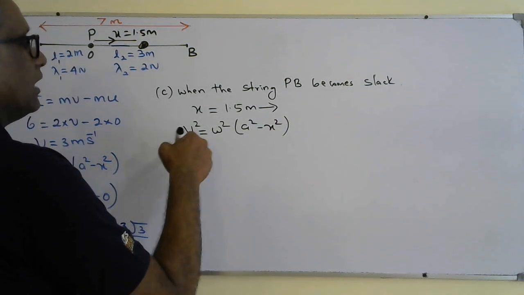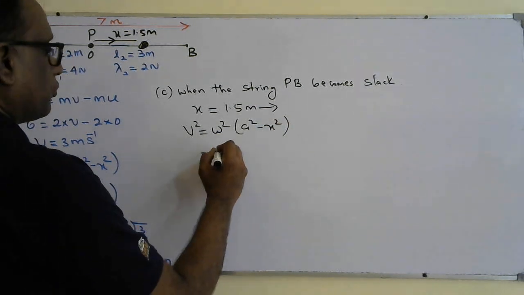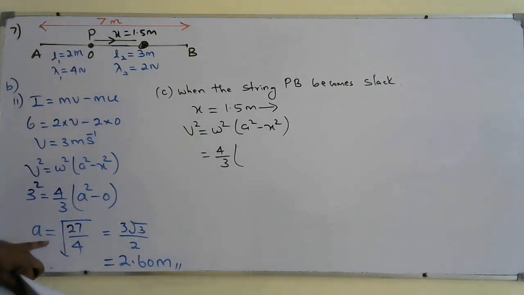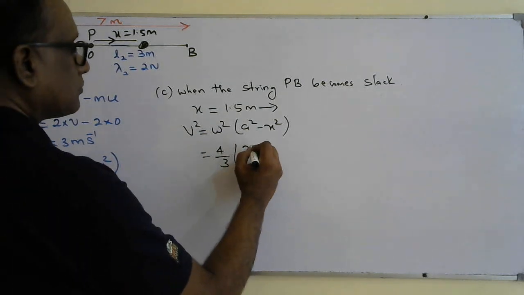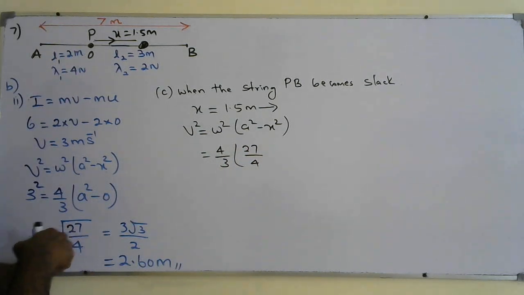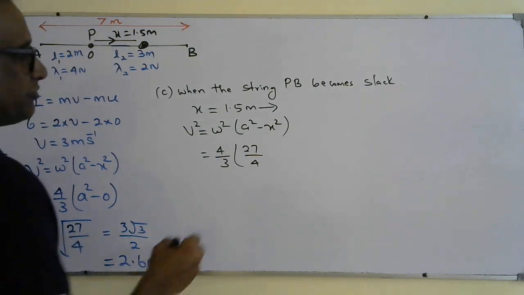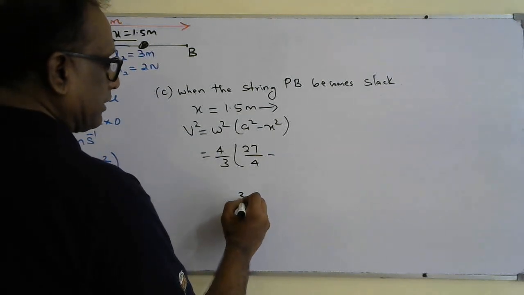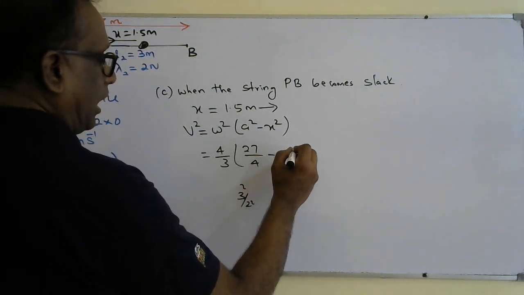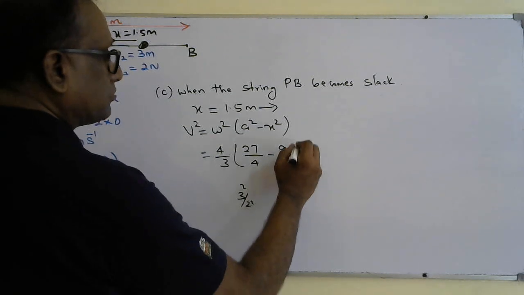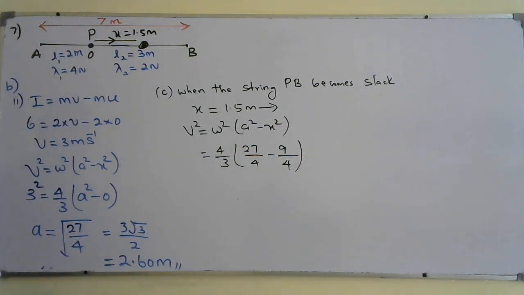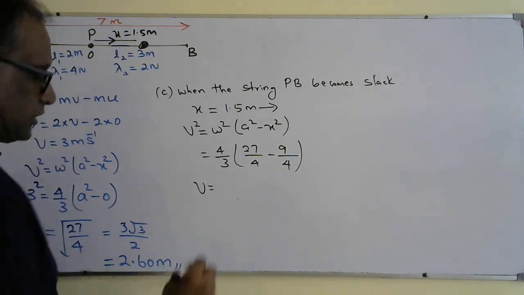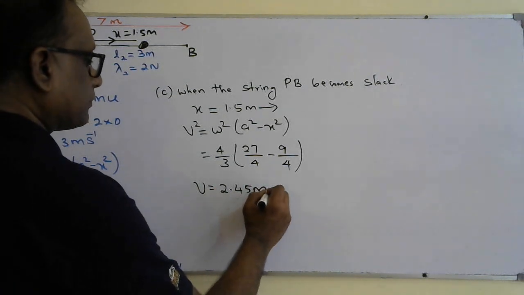We need to find V. Omega squared we know is 4 by 3. A squared we found, that is 27 by 4, minus x squared, that is 1.5, which means 3 by 2, and 3 by 2 squared is 9 over 4. So solve it for V. Anyway, that's not an issue. You will get 2.45 meters per second.